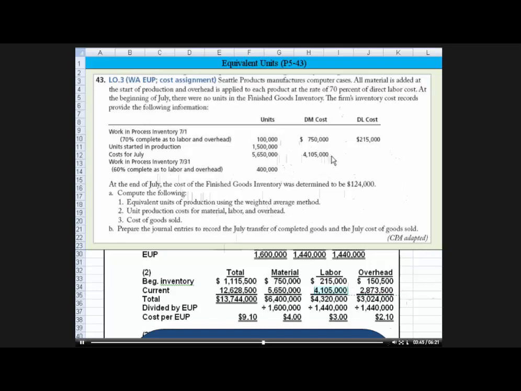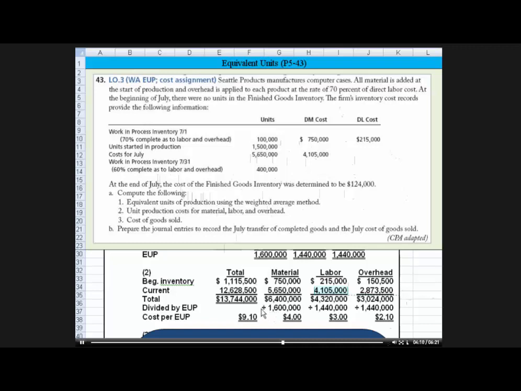Direct material costs were 4,105. Now I see what happened. These two numbers need to be moved over to the side, okay? They need to be just slid over. So that's material and that's labor, and we drop those in. Again, take 70% of the labor, we can come up with the overhead cost.